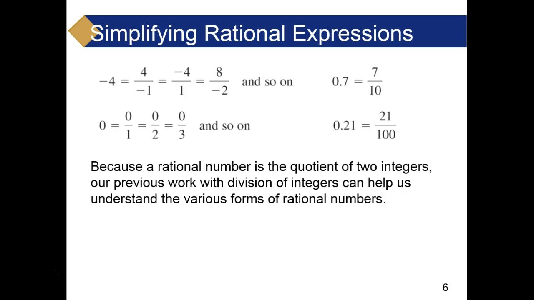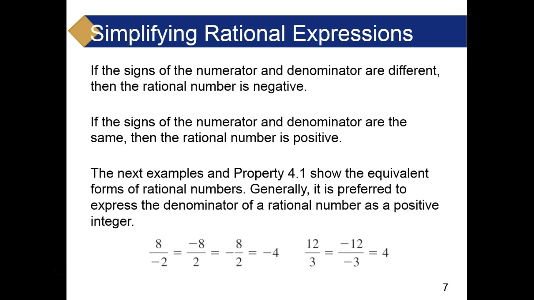Because a rational number is a quotient of 2 integers, our previous work with division of integers can help us understand various forms of rational numbers. Now, if the signs of the numerator and denominator are different, what's your rational number?